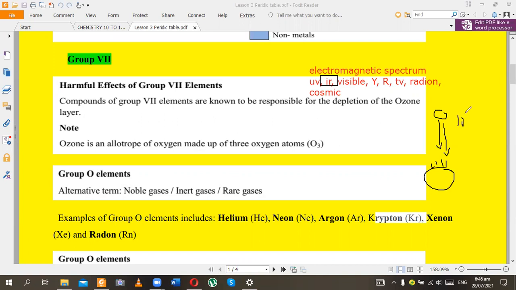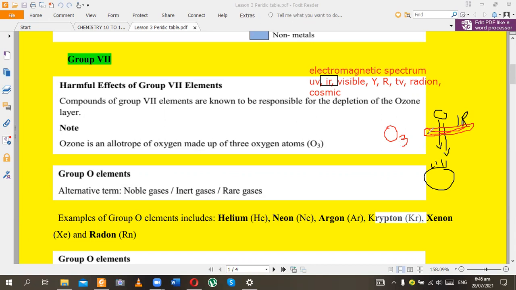Okay, these vicious rays, the IR, we have a shield that protects us slightly, and that shield here is a layer which is located way high in the atmosphere. This is what we call ozone.